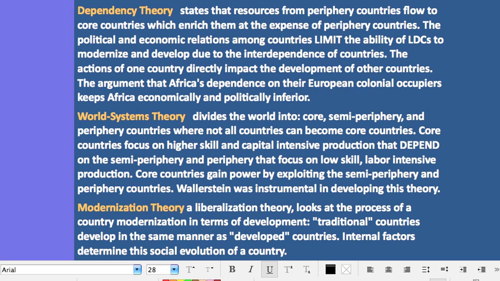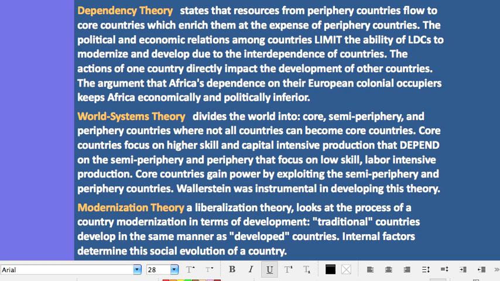This whole idea that actions of one country directly impact the development of other countries is interdependence. The argument is that Africa's dependence on Europe, their colonial occupiers, continues to keep Africa politically and economically inferior.